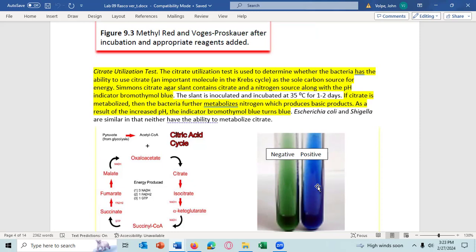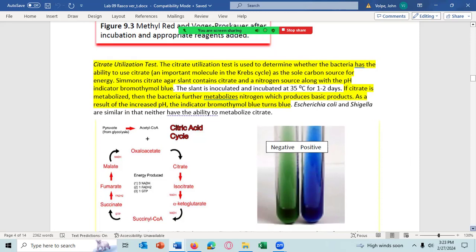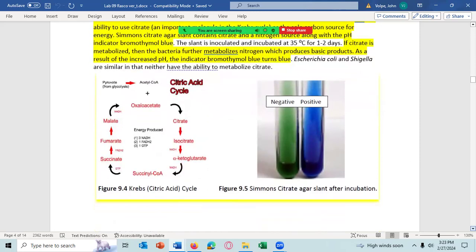All right, E. coli and Shigella are citrate negative, and Citrobacter freundii is an organism which is citrate positive. I don't know if I have any others there. Nope. All right, any questions about the citrate test?